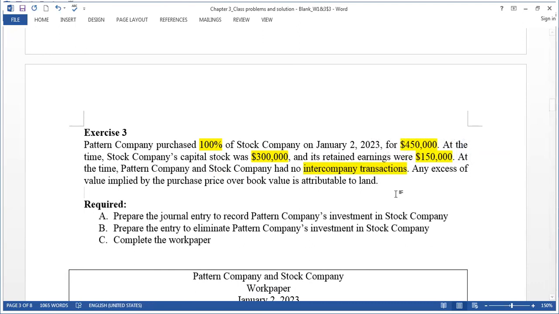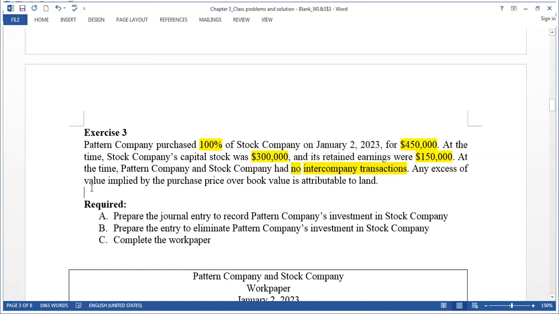Sometimes intercompany means I acquired 100% or 80% of your stock, right? You have to give me a dividend, right? That means the subsidiary company should give some dividend to the parent company because they acquired their stock. So this kind of intercompany transaction we will learn in chapter 4, not here. Anyway, there is no intercompany transaction, so you need not worry about this issue.